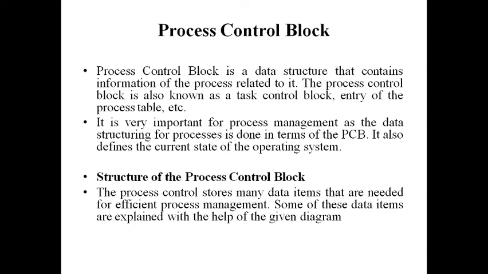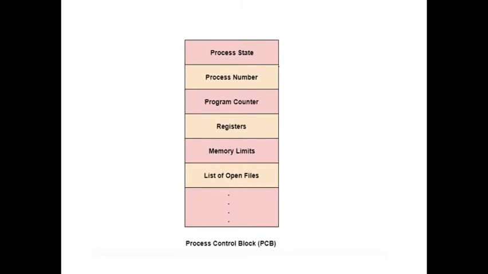So this is the diagram. This diagram consists of process state, process number, program counter, registers, memory limits, and list of open files. Each and every process control block will consist of these things.